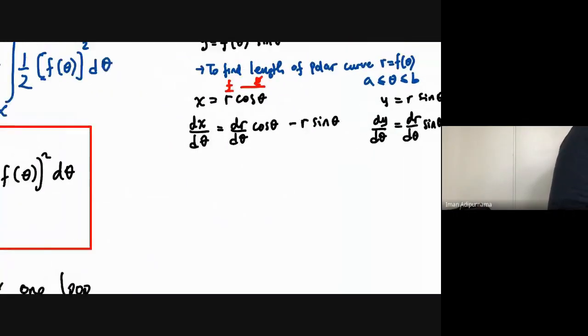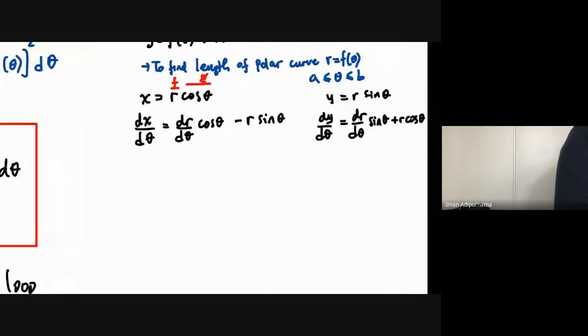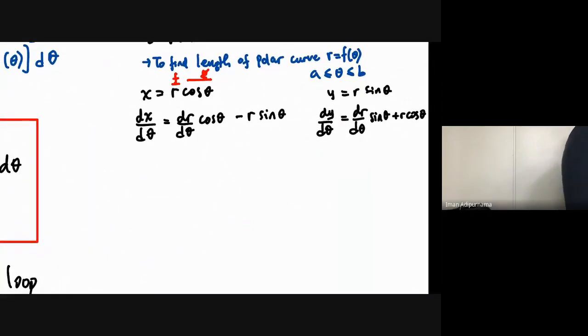Now, in arc length, we need to find this form, right?